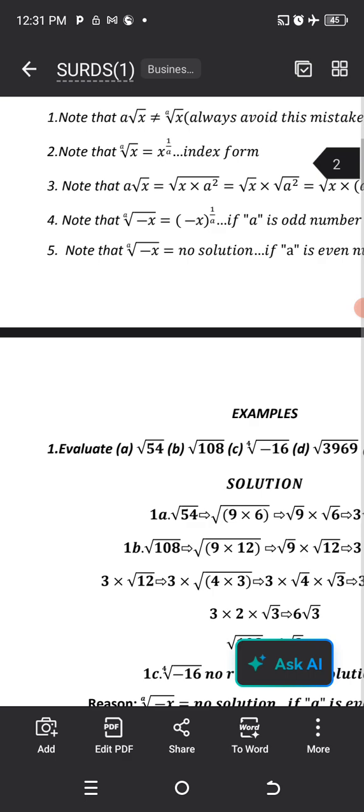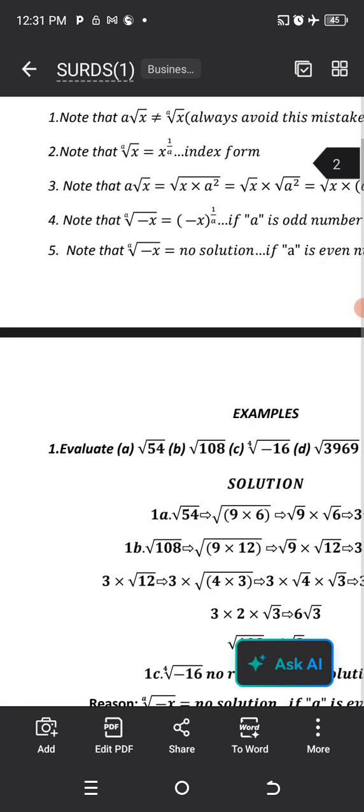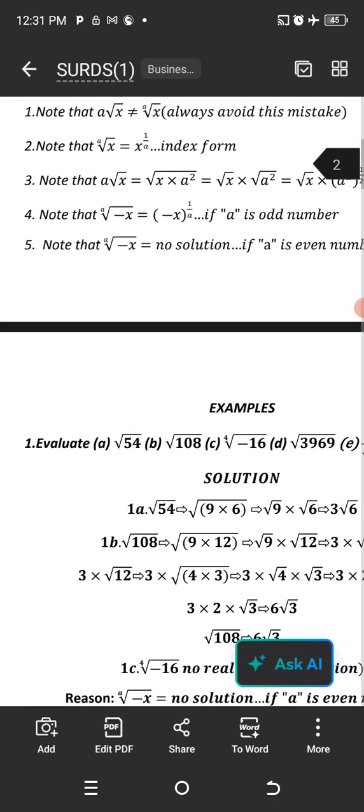But whether it is negative or positive, let's just focus on negative now. How can you determine whether there will be a solution for that kind of surd expression or no solution? This 4 and 5 is going to let you know. So the a-th root of minus x will be, in index form, parentheses minus x all raised to power 1 over a.